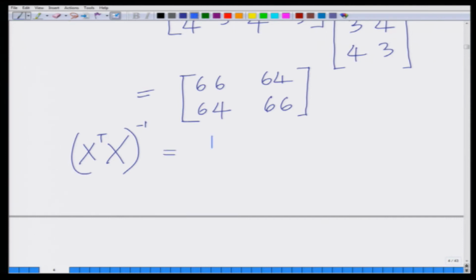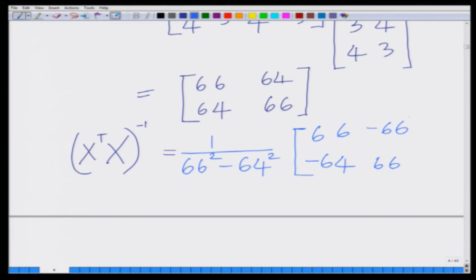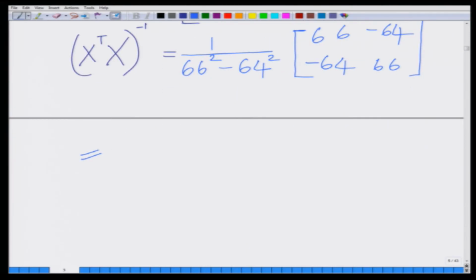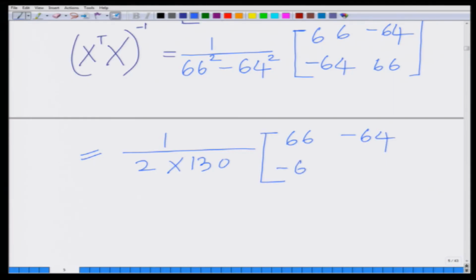Therefore, the inverse of a 2 cross 2 matrix has a standard formula, that is 1 over the determinant, which is basically 66 square minus 64 square, times interchange the diagonal elements and negatives of the off diagonal elements. And 1 over 66 square minus 64 square is 1 over 66 minus 64, that is 2, times 66 plus 64, that is 130, times 66, minus 64, minus 64, 66, which is now cancelling the 2.